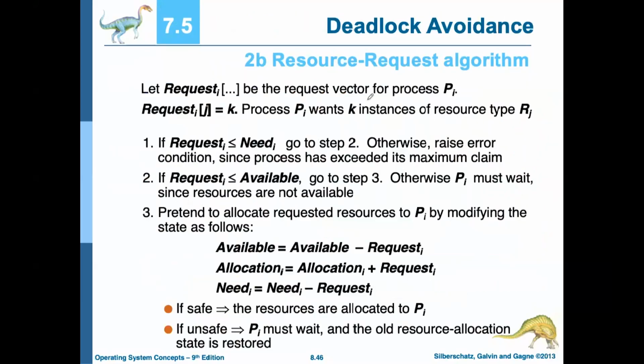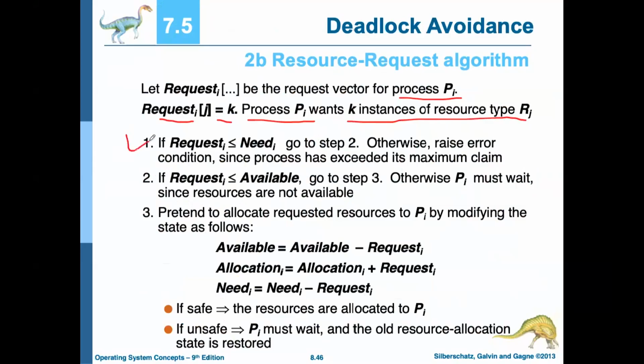Okay, so the resource request algorithm. Let Request_i be the request vector for process Pi. If Request_i[j] = k, then process Pi wants k instances of resource type Rj.